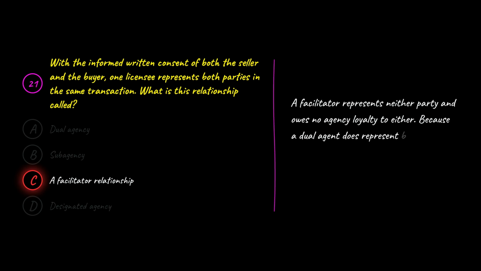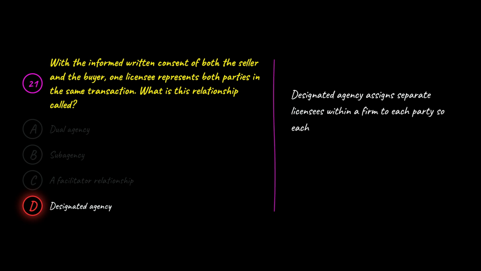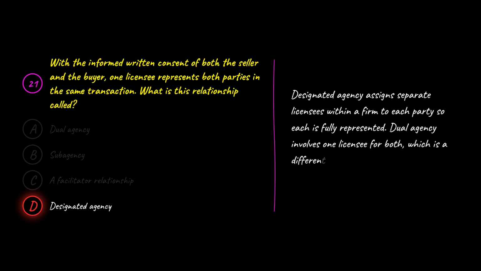Because a dual agent does represent both clients, the neutral facilitator role is different from dual agency. D is wrong because designated agency assigns separate licensees within a firm to each party, so each is fully represented. Dual agency involves one licensee for both, which is a different arrangement from designating two agents.